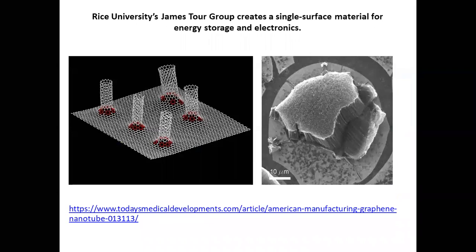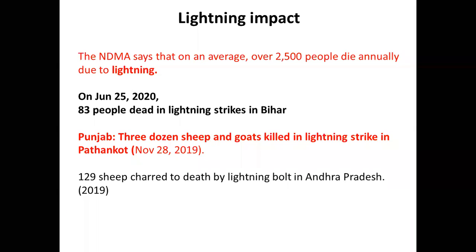See that. Rice University has recently reported that they have experimentally developed a graphene and carbon nanotube based material for hydrogen storage, an energy storage material. Even lightning is one of the important problems in society.